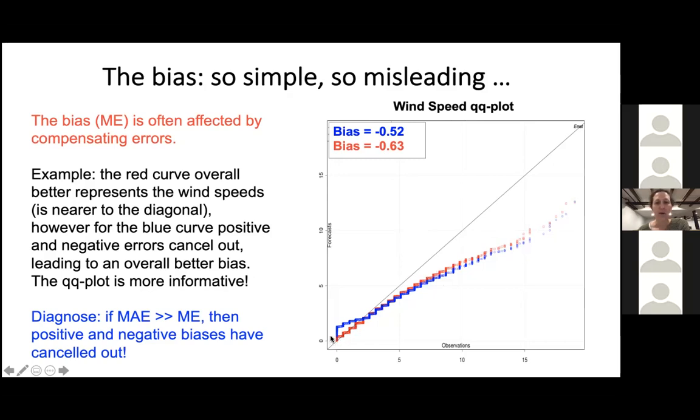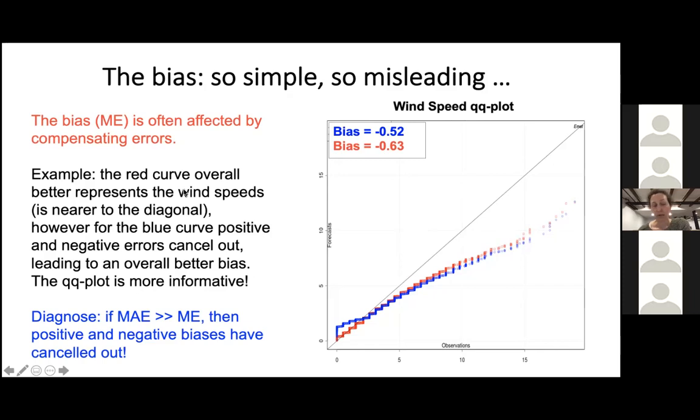But the old model had compensating errors. You can see this is wind speed, and for lower wind speeds, we had some over forecast, and for strong wind speeds, we had an under forecast, and these errors in the blue curve compensate. So the resulting bias was smaller in magnitude. So this is an important thing to always bear in mind with the bias. It can be misleading.